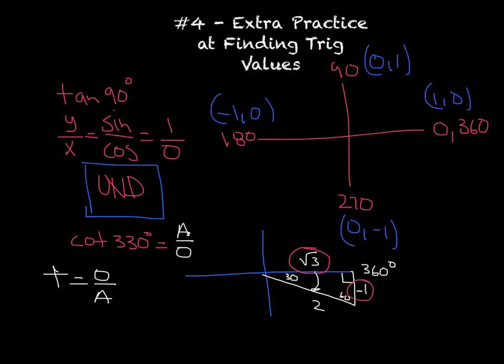So when you divide those, you're going to get root 3 over negative 1, which is just negative root 3. And that is the answer to the cotangent of 330. And you can do this exercise all the way around the unit circle. So you should be now able to find all 6 trig functions, if asked, for any angle on the unit circle.